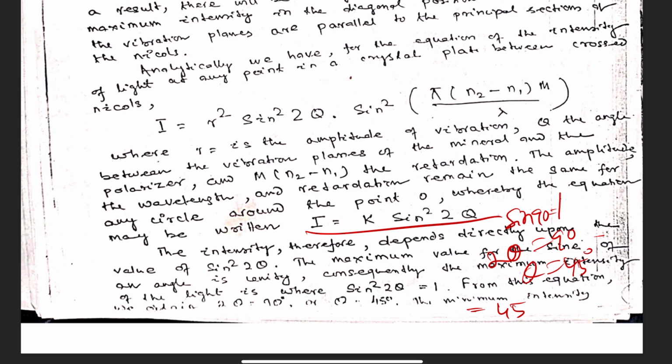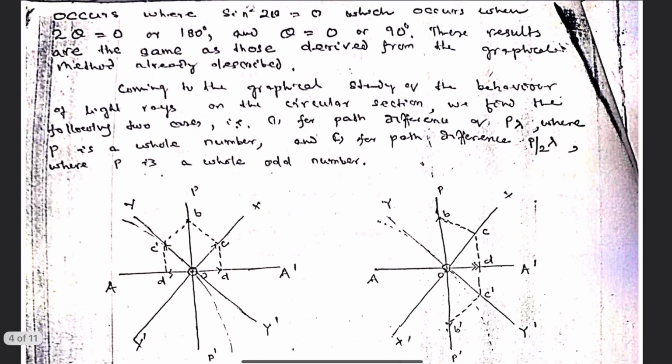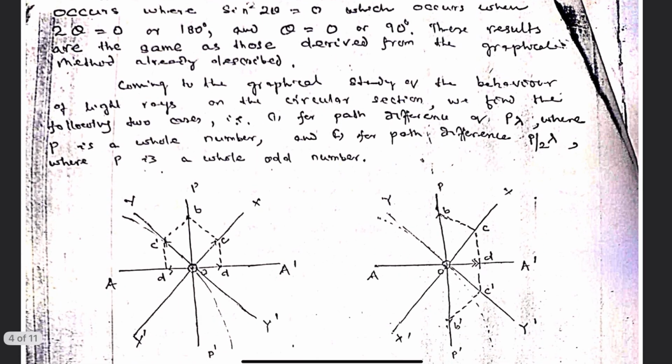That's why maximum intensity of light is seen in the 45-degree position from the polars. This has been described here.